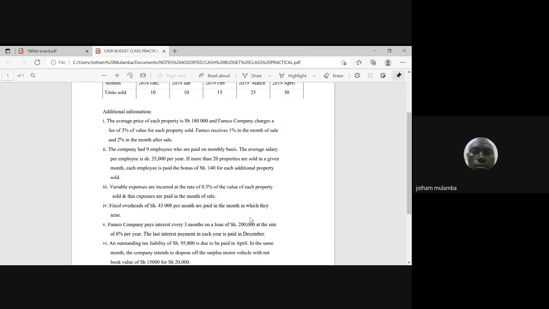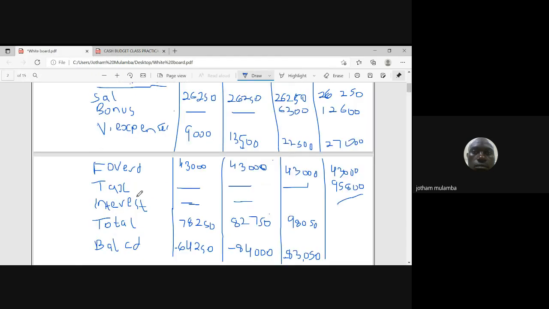Remember that's the interest they pay for a whole year, so we divide it by 12 to get how much they pay per month. 1,000. But they usually pay on a 3-month basis, so 1,000 times 3 is 3,000.